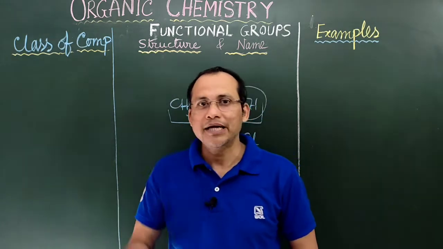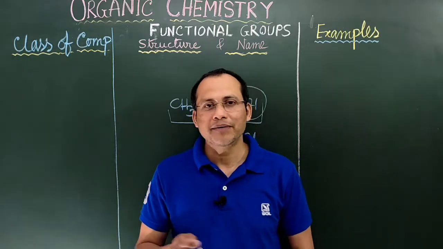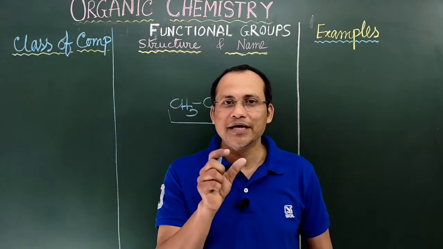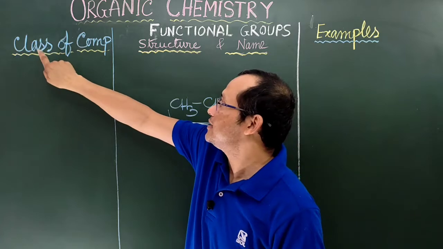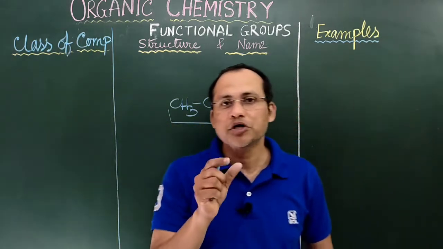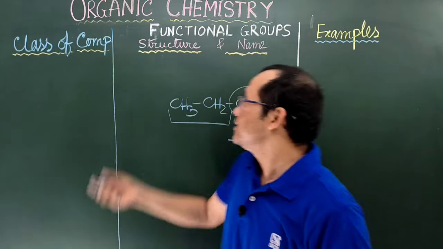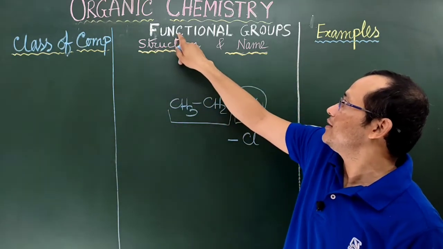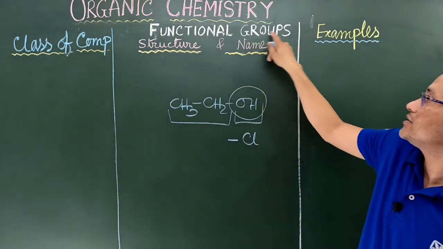Now we shall discuss the functional groups one by one, and mainly we shall focus on these things: first, the class of compound, that is, which compound we are considering. Next, the main thing for today, the functional groups.